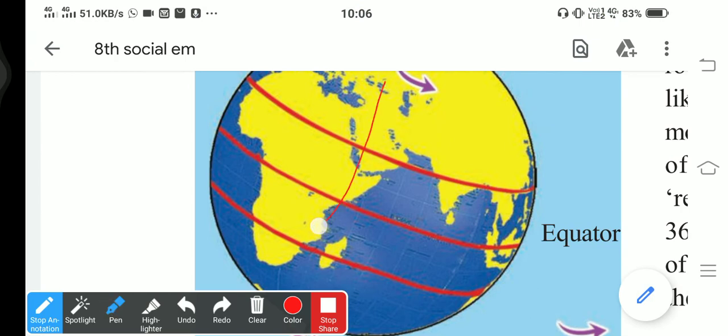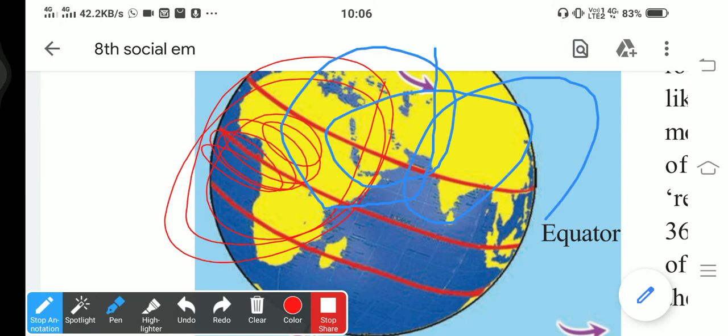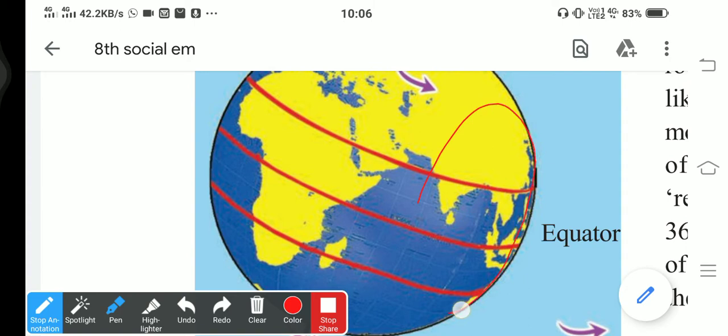This is exposed to the sunlight, right? This area is exposed to the sunlight, and this other area is not exposed to the sunlight. So this becomes dark, and the west side of this becomes day, right?